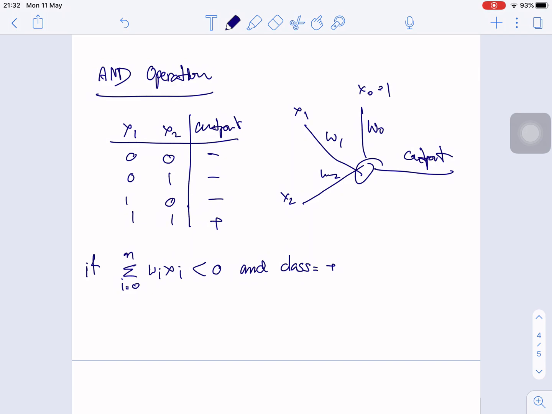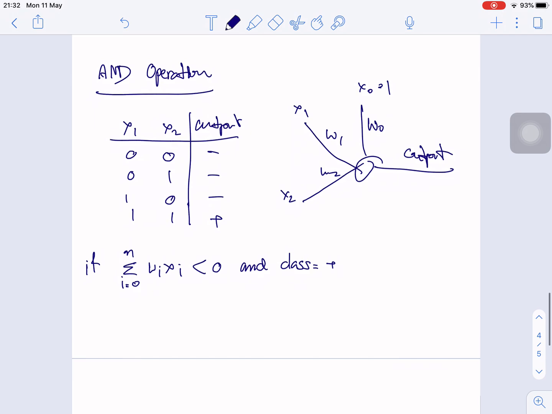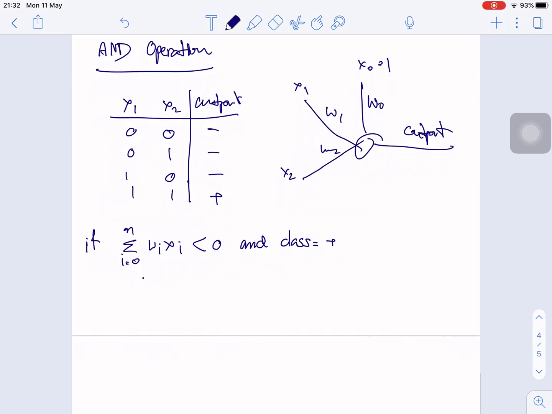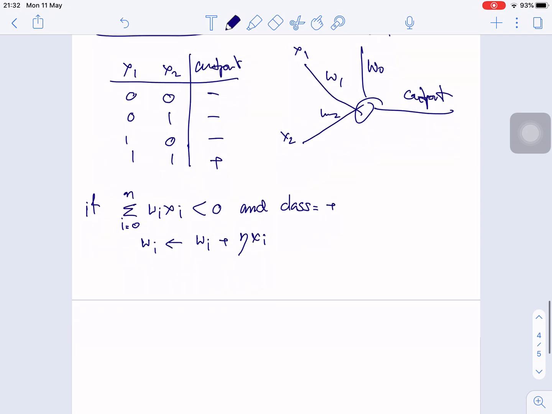Because the summation is less than 0, but the class is positive. We need this summation to be greater than 0, right? Okay, so you can adjust the weight. Wi is Wi plus learning rate, or we call it eta, times x.